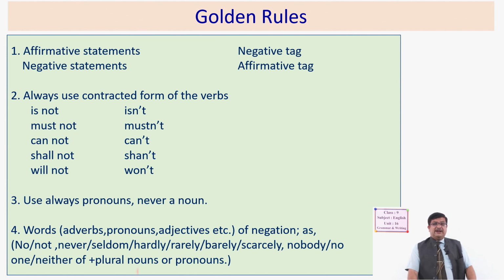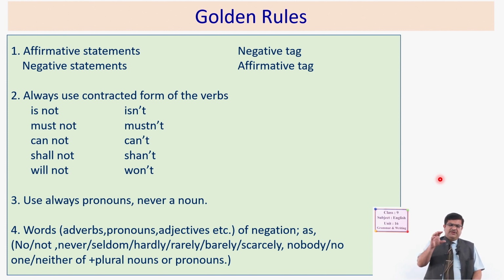Next rule that we need to consider while changing a statement into the correct form of tag: words such as adverbs, pronouns, adjectives of negation. Sometimes we do not think that the given word is negative, but we have some words whose meaning is negative.